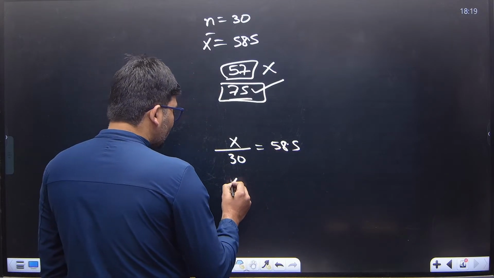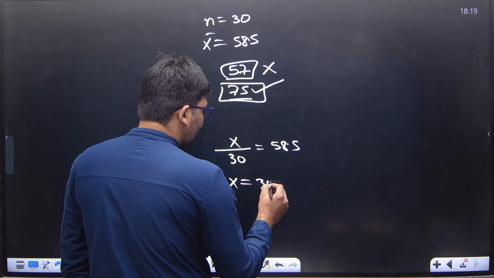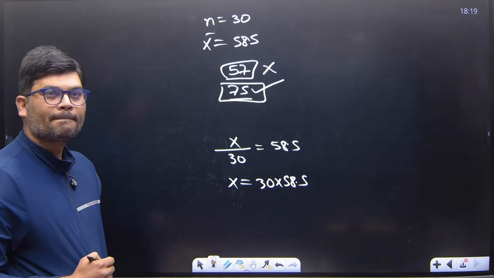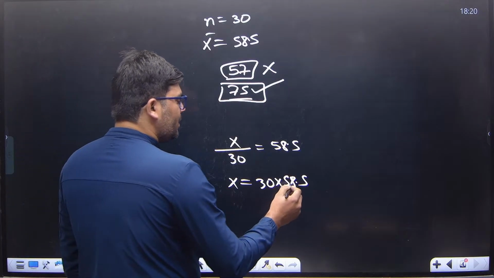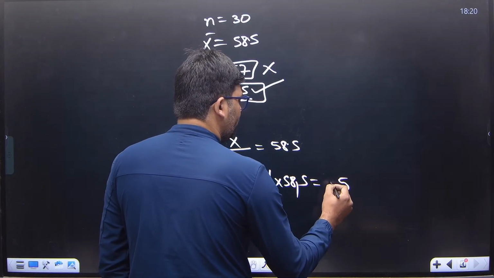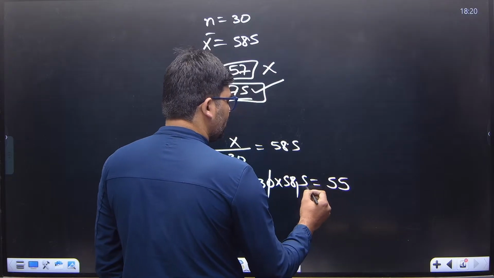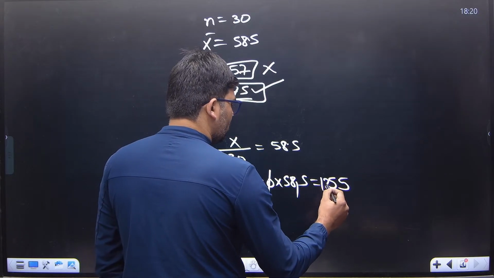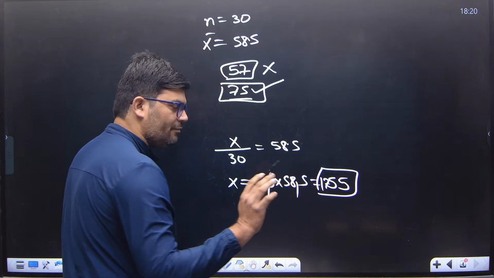So the total sum is 30 times 58.5. The decimal will be cancelled by the 0. So 3 into 5 is 15, 3 into 8 is 24 plus 1, 25, 3 into 5 is 15 plus 2, 17. So the total sum is 1755. Understood?